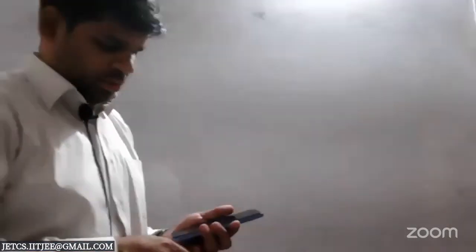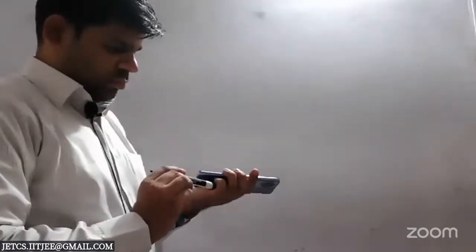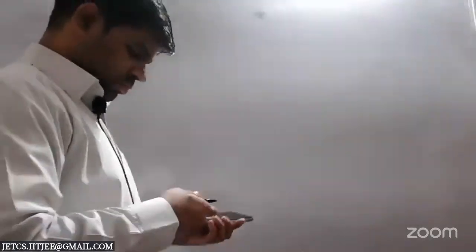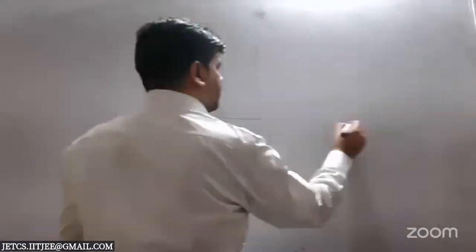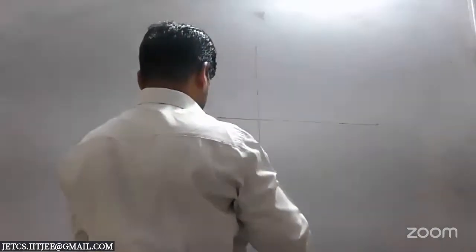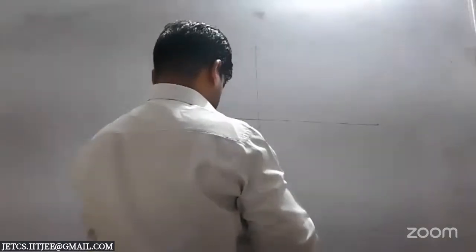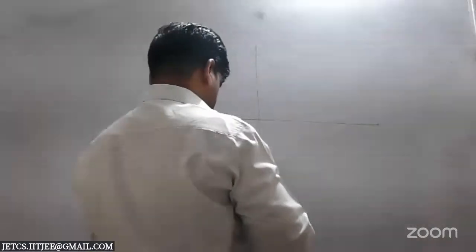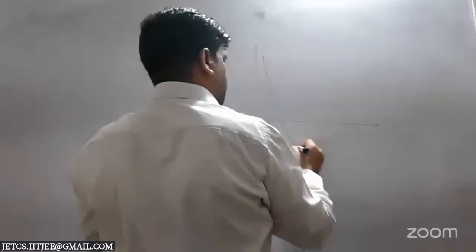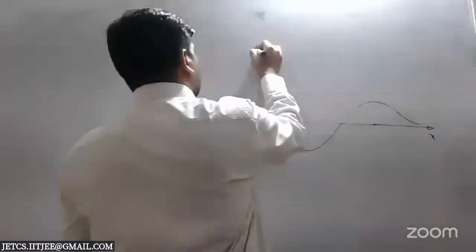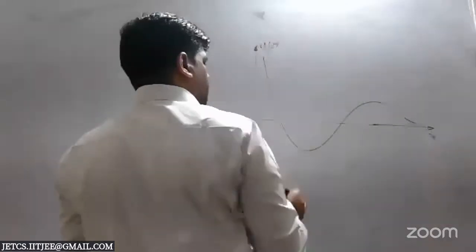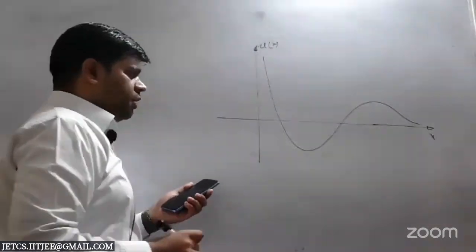First pick, 52nd question. We've got a potential energy graph. How many equilibrium positions do you have?